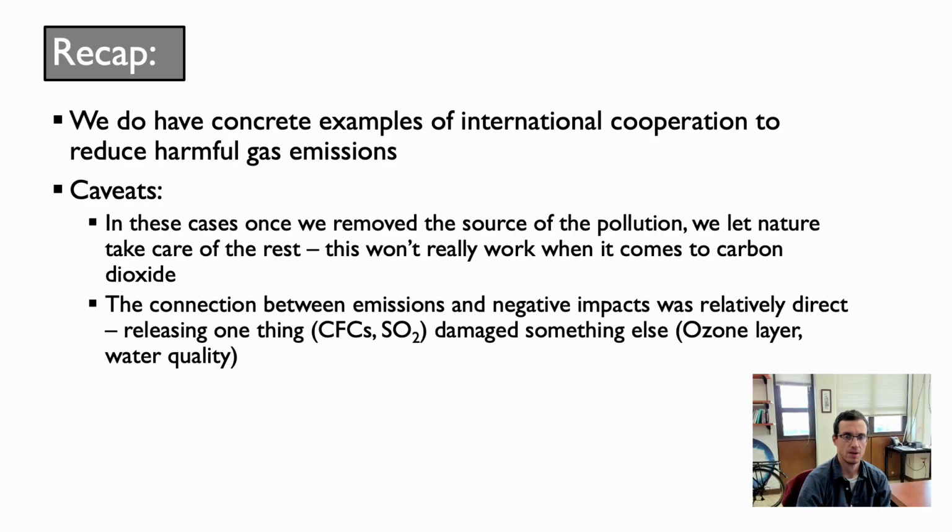So we do have concrete examples of international cooperation to reduce gas emissions, where we had a problem, we were emitting something that was causing harm, and we stopped the emissions. And so that's, to me, encouraging. It's something we've done before, and we have experience doing it, and that's reflected in the climate emissions agreements that have happened that we'll talk about in the next video.